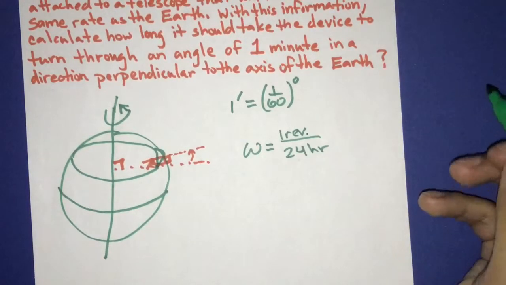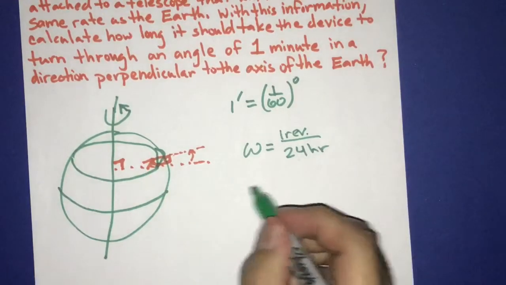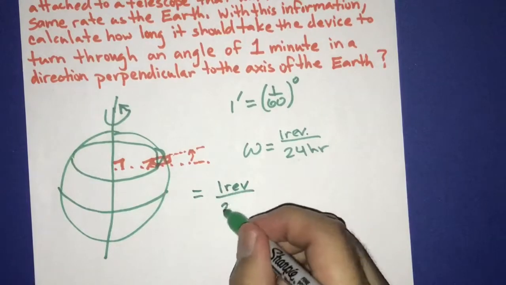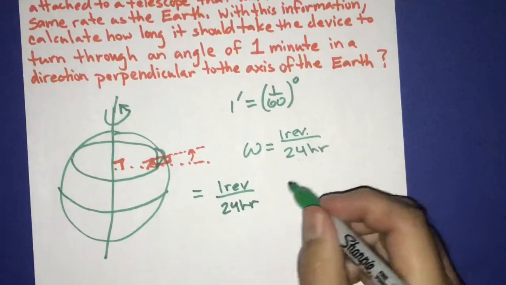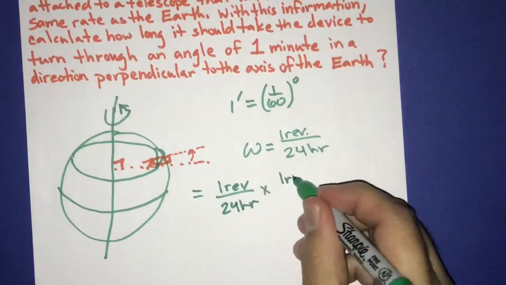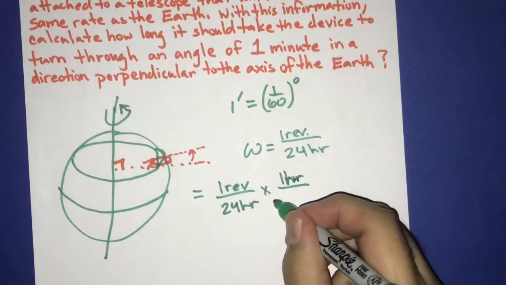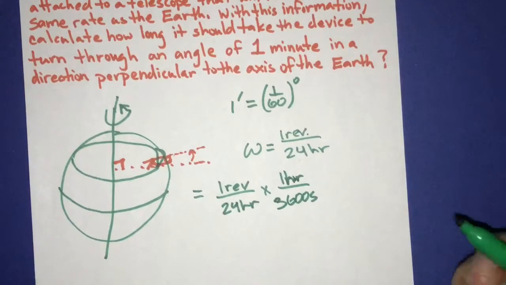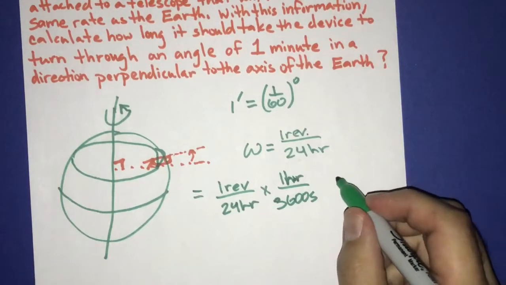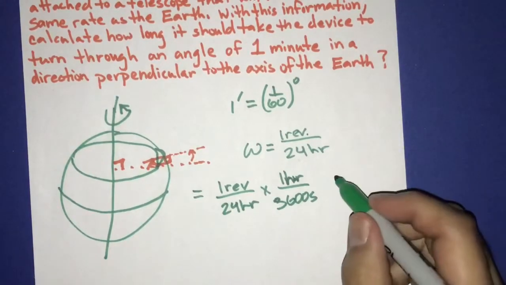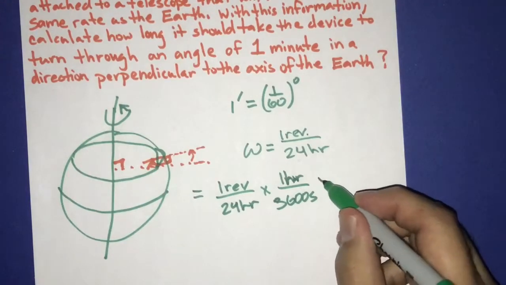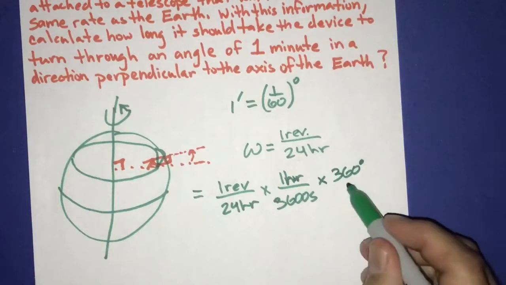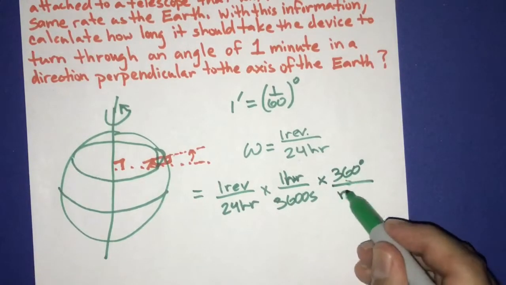Okay, so let's go ahead and do that. So we see this is going to equal 1 revolution in 24 hours. So we see 1 hour is equal to 3,600 seconds. And we want this in degrees, so that's going to be 360 degrees in 1 revolution.